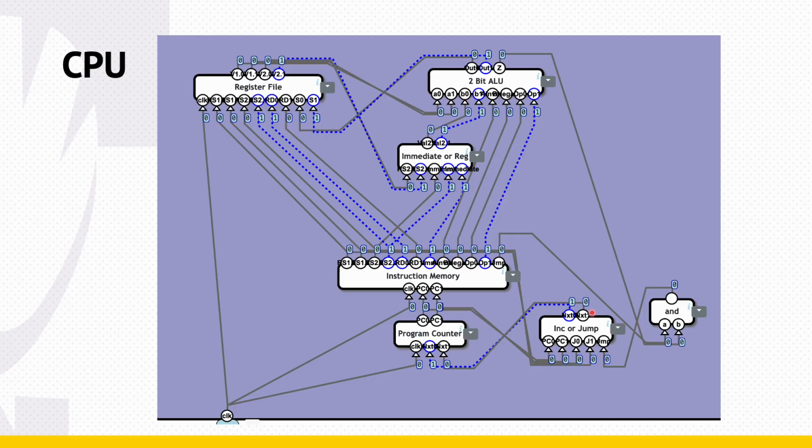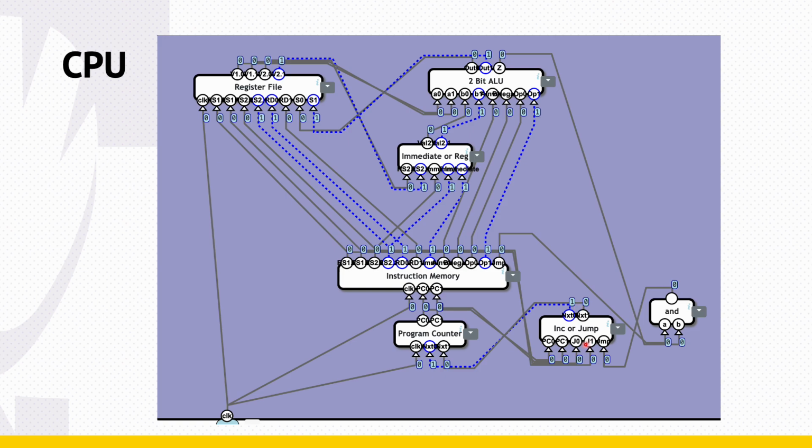The other thing I wanted to point out is this increment or jump logic. And all this does is increment what is in the program counter unless the jump input is true. If the jump input is true, then it simply copies whatever is in these jump targets to the next, right?